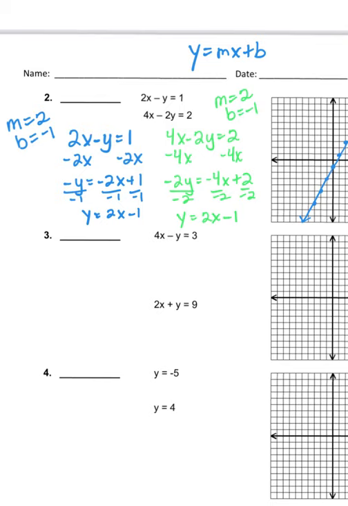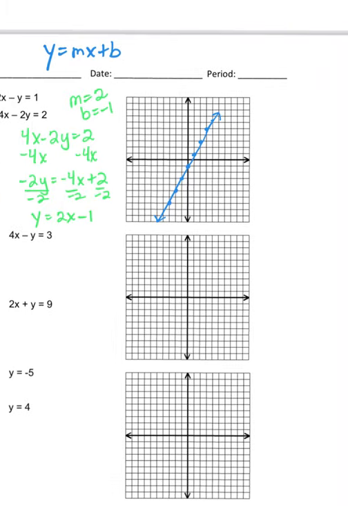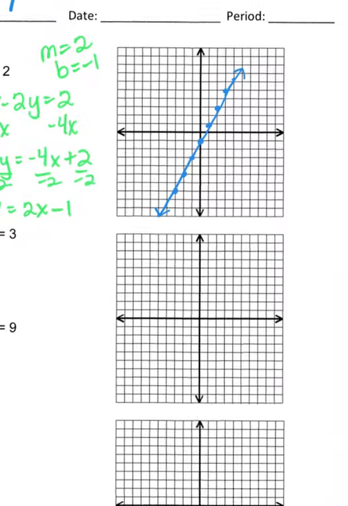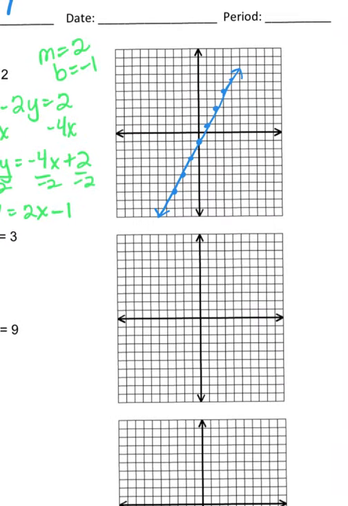Let's go over to our graph. Back to our y-intercept, which is negative 1. I did the wrong color, so let me get the right one.